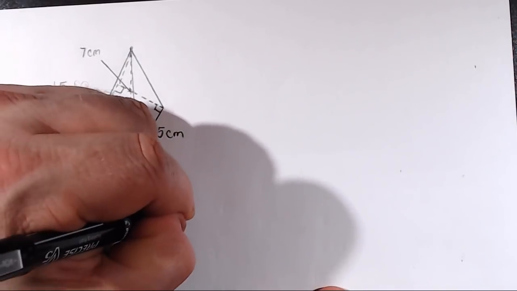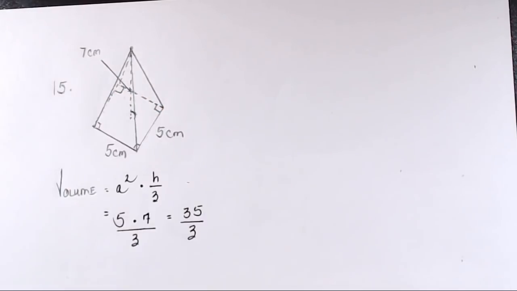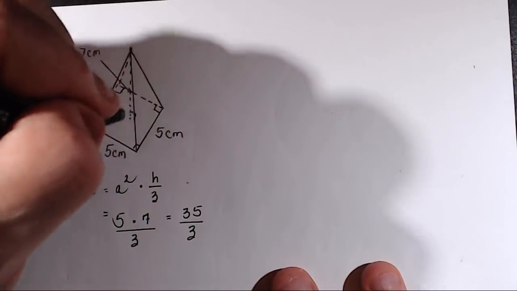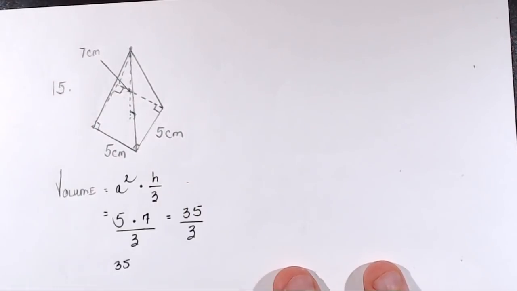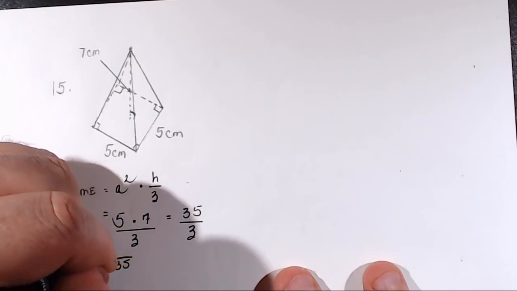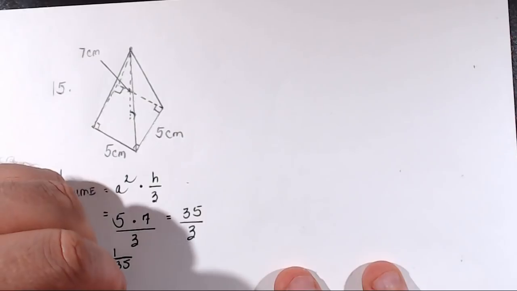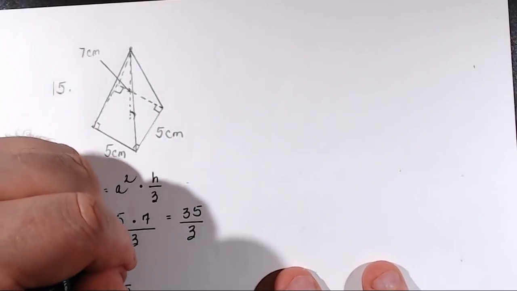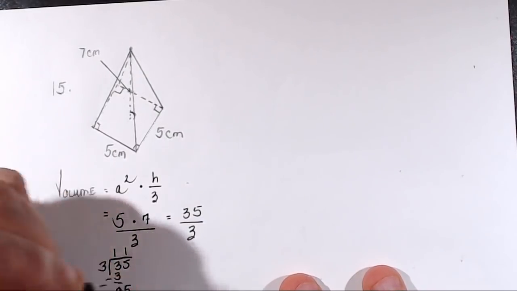So 5 times 7 is 35. 35 divided by 3. That's what we need to do. 3 plus 5 is 8. 8's not evenly divisible by 3, so we will end up with a decimal. Whatever. So 35 divided by 3. 3 goes into 3 one time. 1 times 3 is 3. 3 minus 3 is 0. Bring down the 5. 3 goes into 5 one time. 1 times 3 is 3. 5 minus 3 is 2.